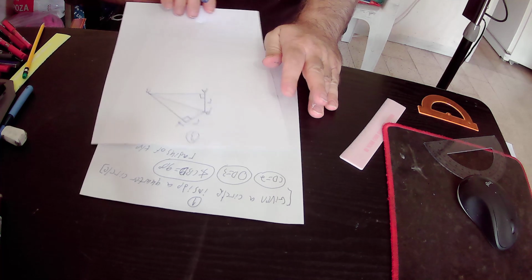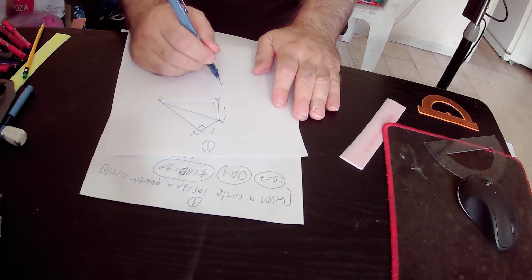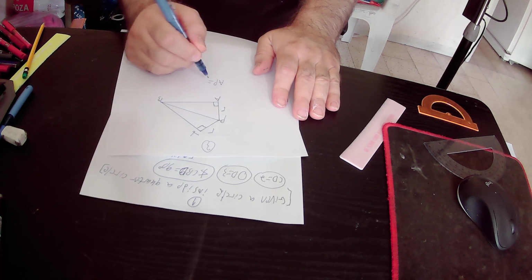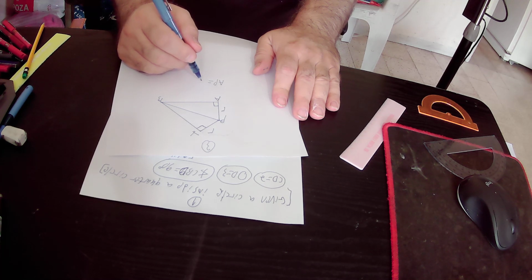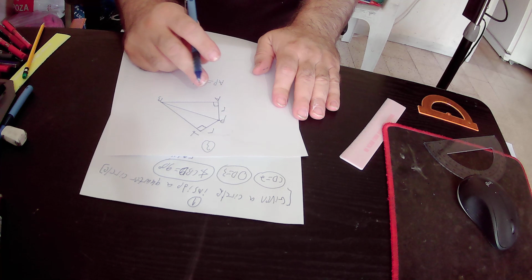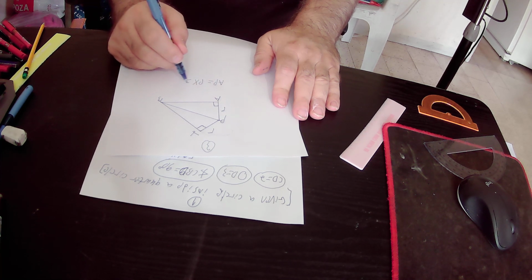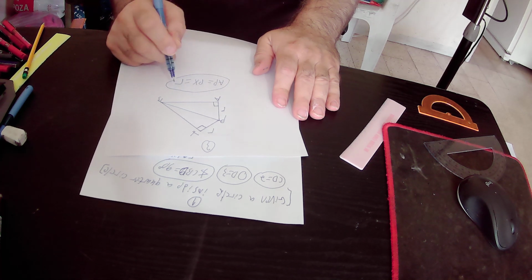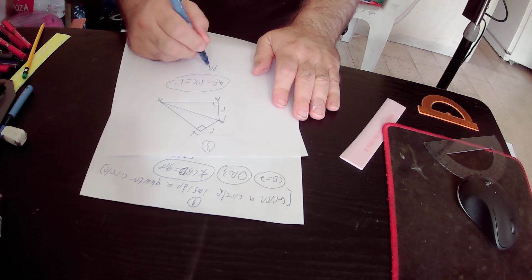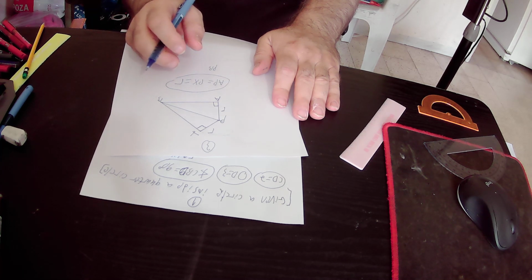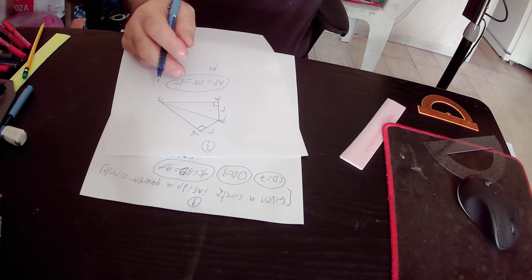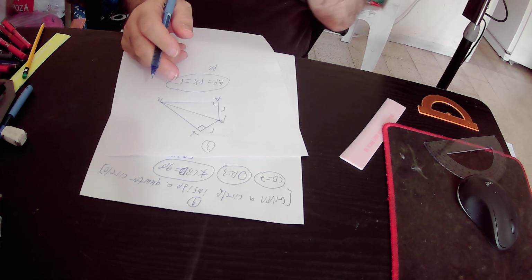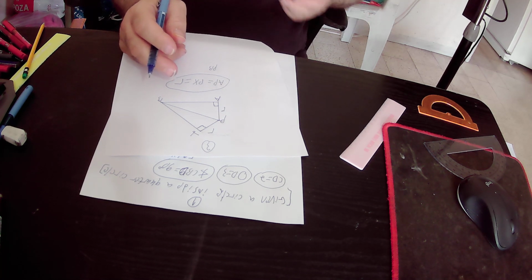So AP equals PX, and both line segments are the radii of the small circle, therefore they are equal to each other. And PB is a common side. It belongs both to triangle ABP and to triangle PBX.